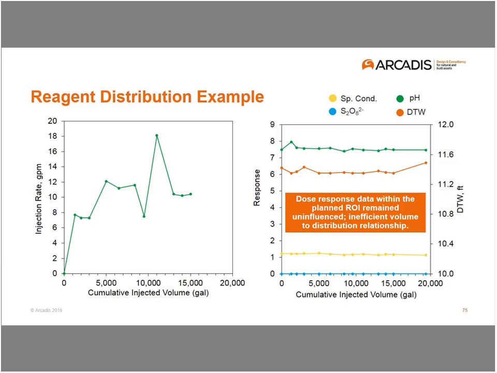So ultimately what this shows is that at this particular site, the volume to distribution relationship was inefficient, and the cost to implement ISCO meaningfully to achieve a working strength solution would be prohibitive. So at this particular site, ISCO was disqualified and an air sparge SVE system was looked at.